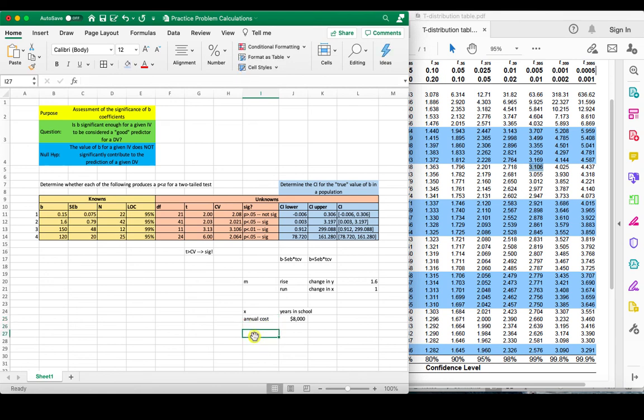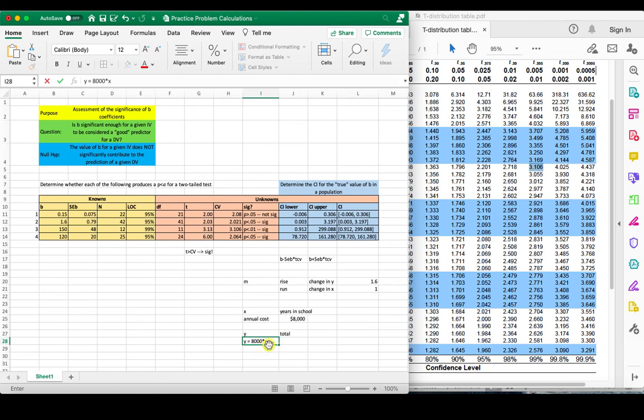If we're building an equation and we want to know what the total cost is, which will be represented by y, hopefully you're following my logic here, right? We build an equation and we say y is equal to, each year we're in school, it's going to cost us $8,000 times however many years we're in.